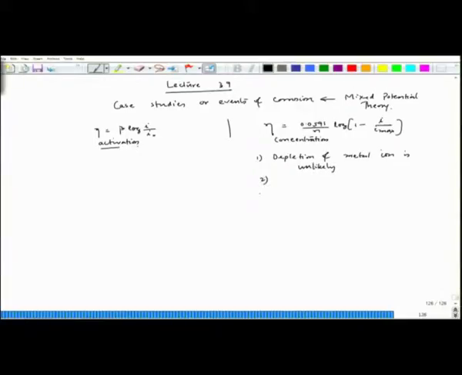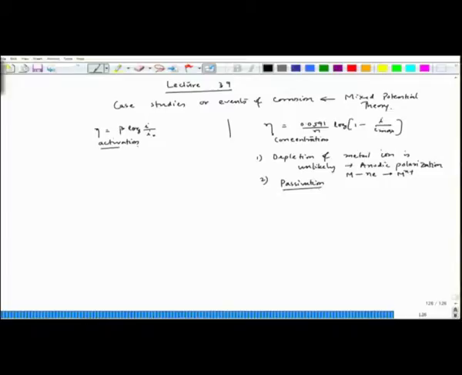The second reason is that during anodic polarization there could be a possibility of passivation.